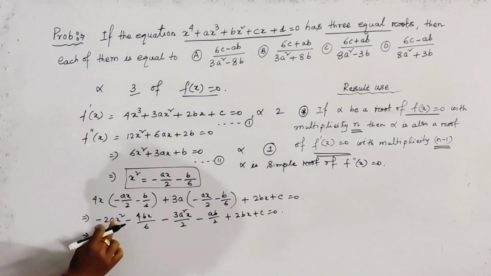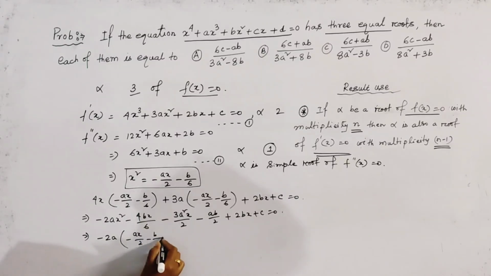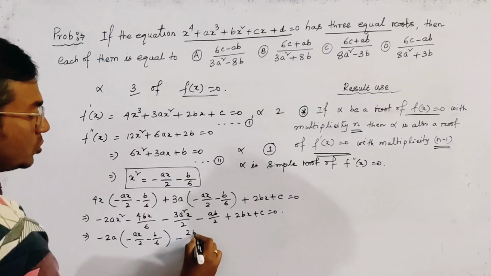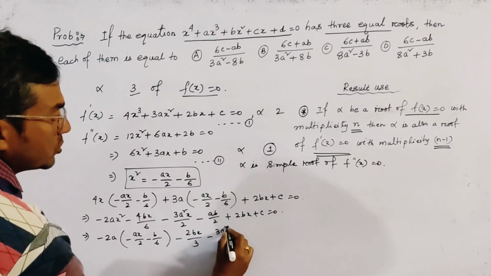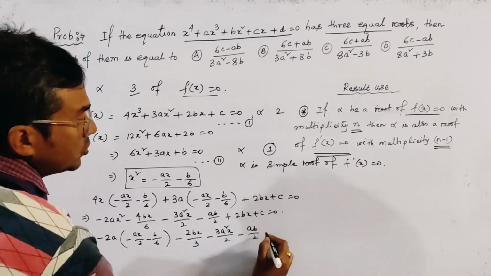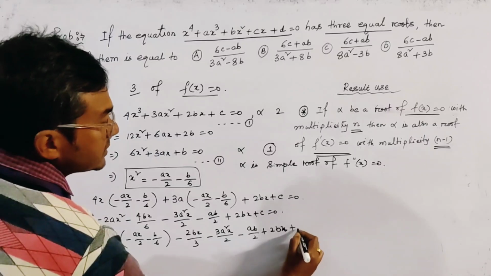Now again we put the value of x square. From here we get minus 2a into minus ax by 2 minus b by 6 minus 2bx by 3 minus 3a square x by 2 minus ab by 2 plus 2bx plus c equal to 0.